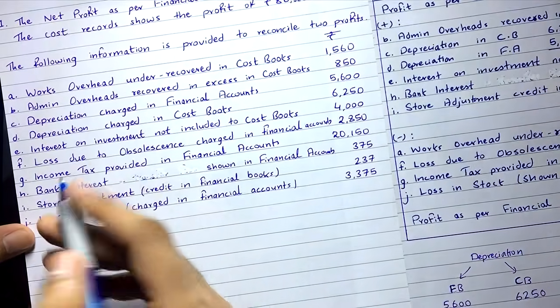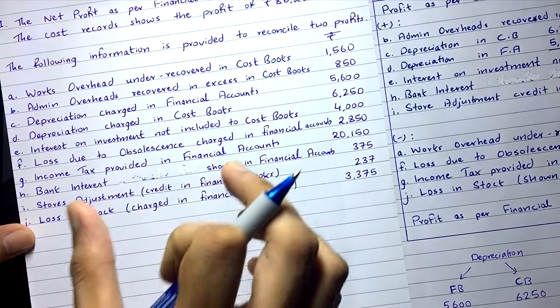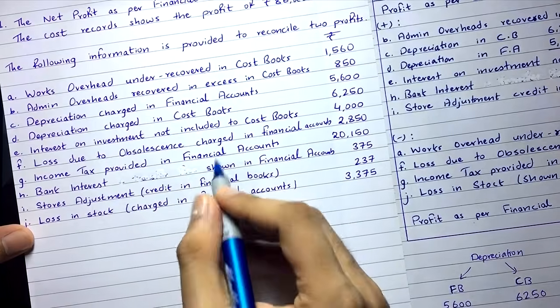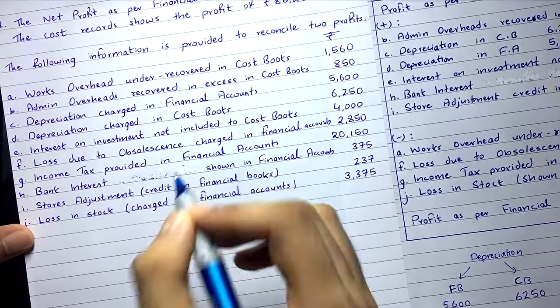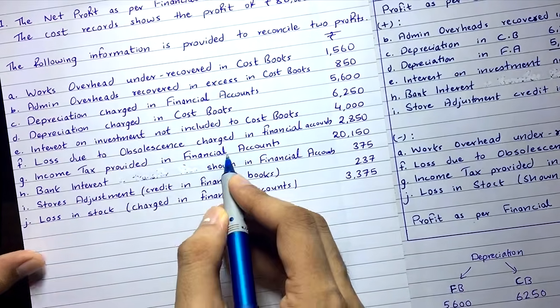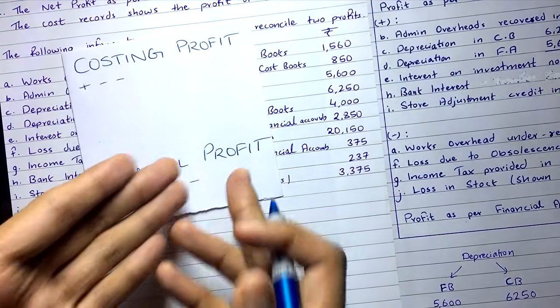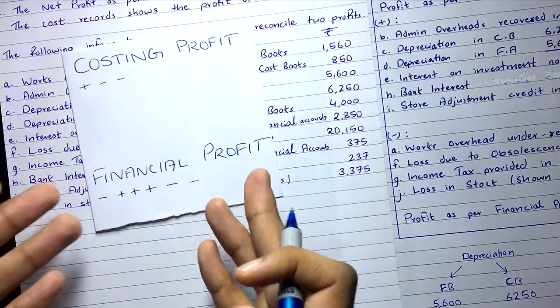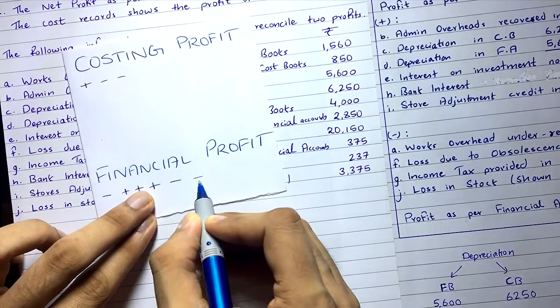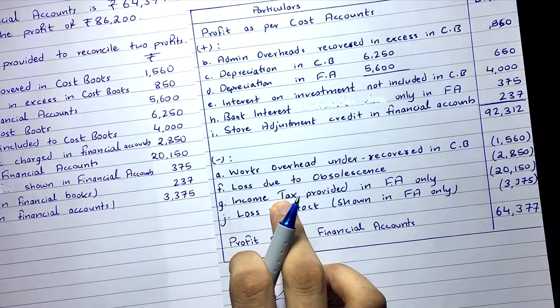So if they give you directly income tax, goodwill written off, you have to understand these are purely financial items and they are only recorded in financial accounts. Clear? So if this expense is recorded in financial accounts, our profit will be less. खर्चा रिकॉर्ड कर रहे हो financial books में, सिर्फ financial books में, तो financial का profit less होगा. और अगर target profit में less effect है, so less that transaction.